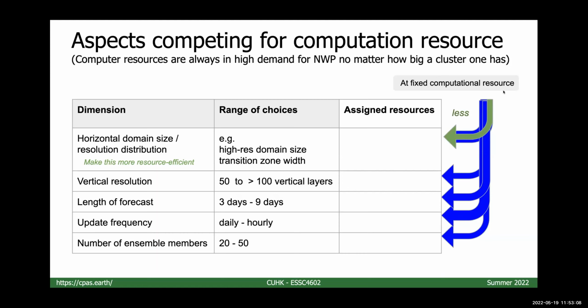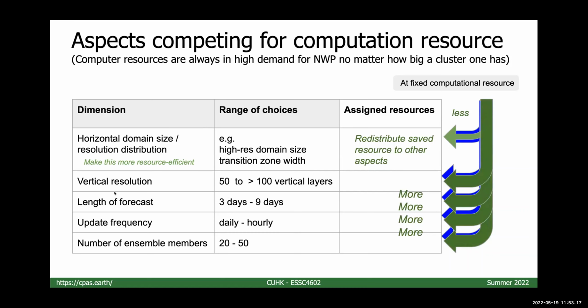So for the fixed computational resource you have, you can redistribute it to other areas, you can put it to this dimension. So this is our intention when we try to modify MPAS into the so-called CPAS model with hierarchical time stepping and also the mesh generation.